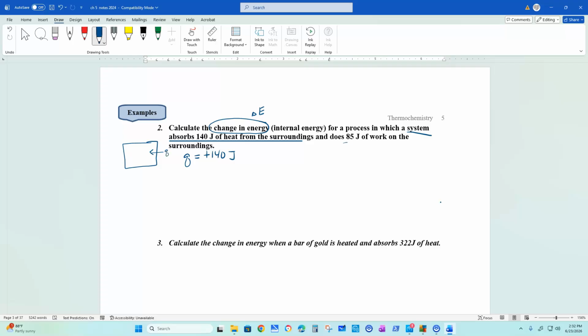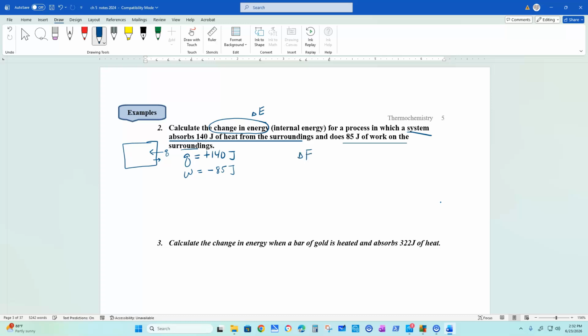And it does 85 joules of work on the surroundings. Well, it's not going into the system, the system is giving it up. So it's giving up negative 85 joules of work. That means my W is coming out, but it's a smaller quantity, so my arrows would have a different size.